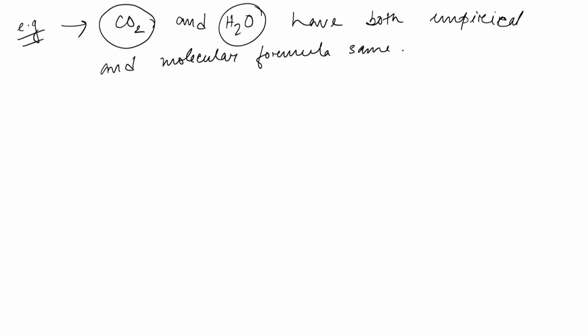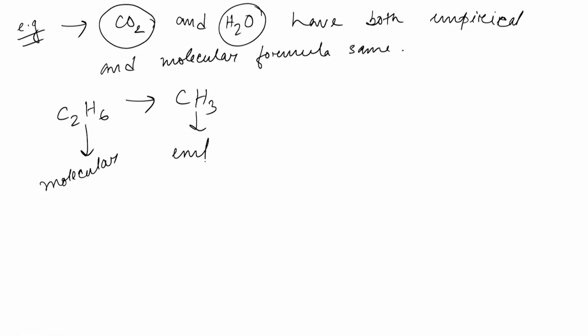Okay. But there are certain molecules, for example, let us say ethane. Okay. Ethane is C2H6. But if we divide these coefficients by 2, then it becomes CH3. So, C2H6 is the molecular formula of ethane and CH3 is its empirical formula. Okay. Similarly, we can list some more examples.